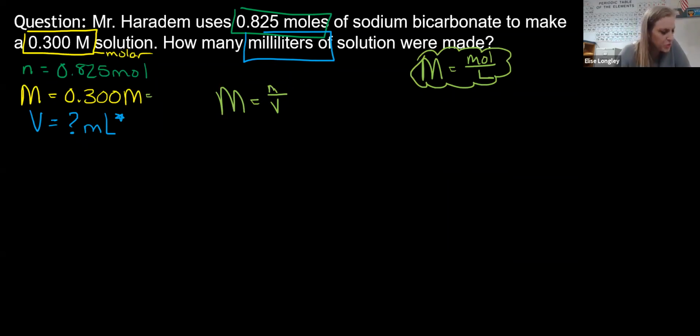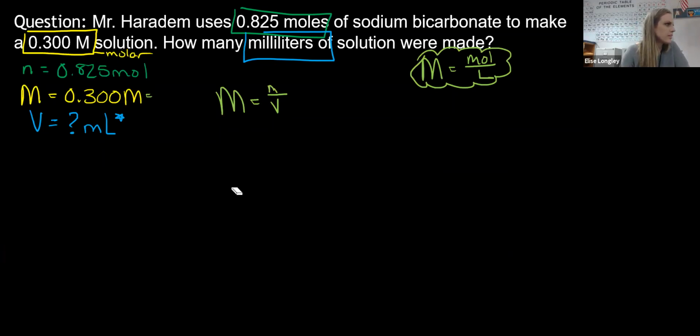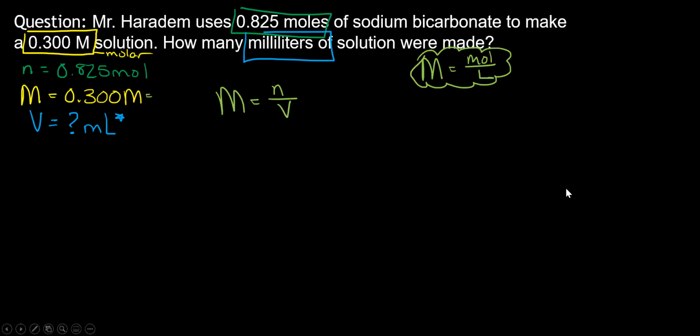Next up, Trisha, what do I do now? I have my formula I'm using, right? What do I do now that I have my formula? Do you plug in the numbers?